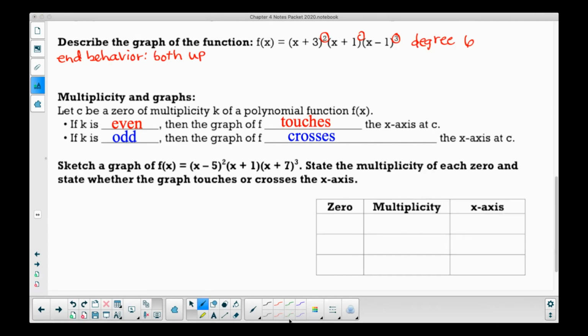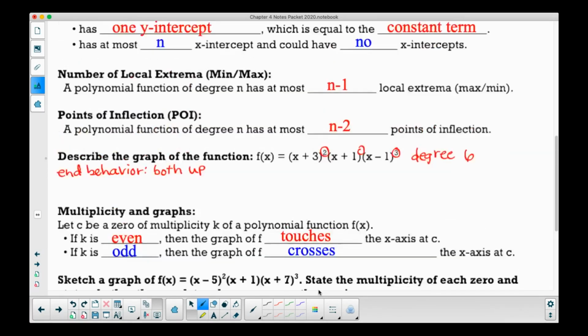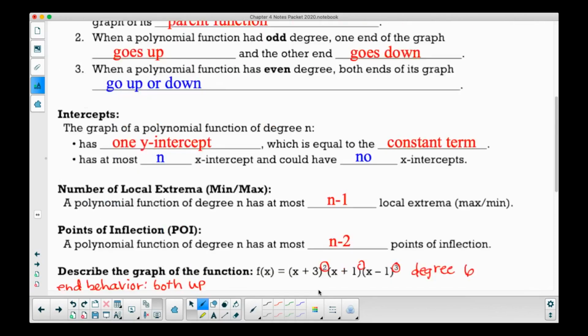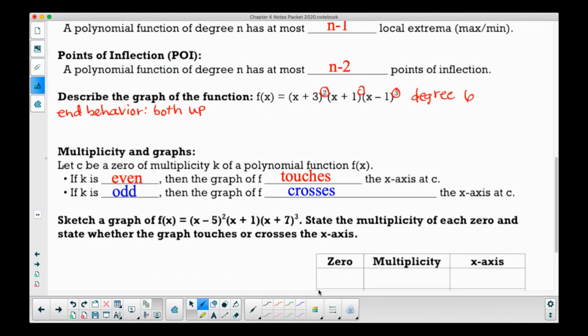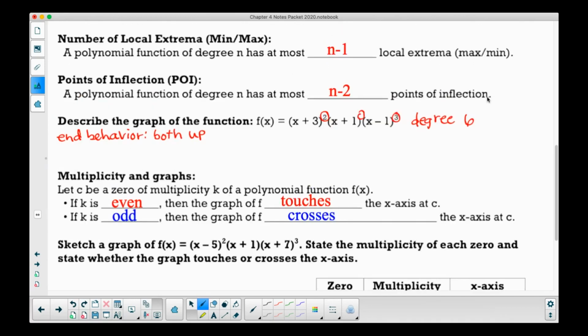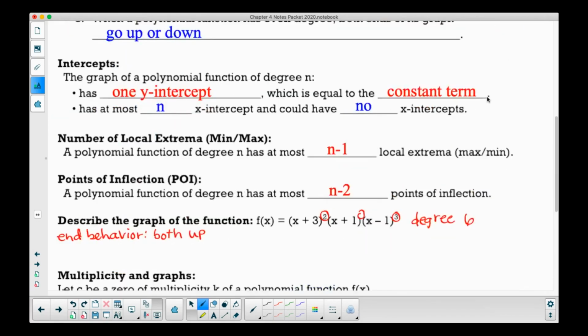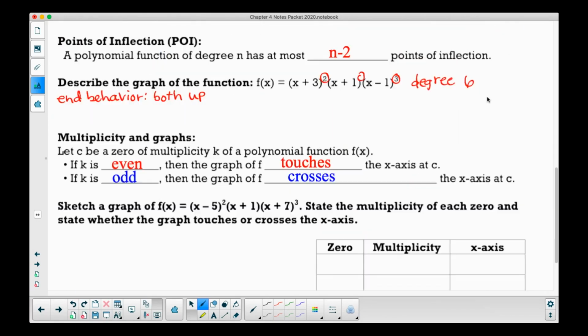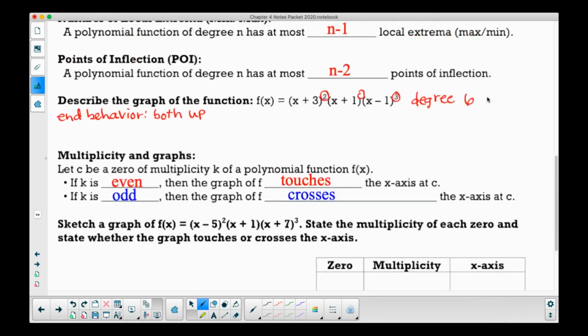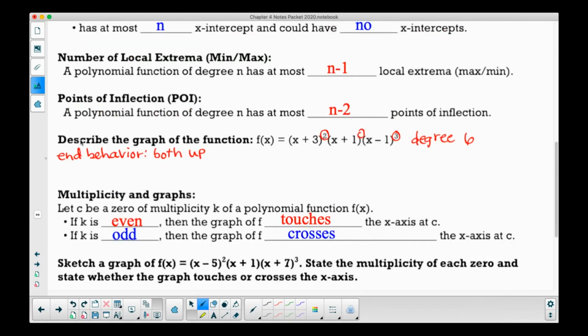All right, next, we can also use the number of intercepts. Since this is a degree 6 at most, this will have exactly one y-intercept, and we can find that. The y-intercept is if x is 0.